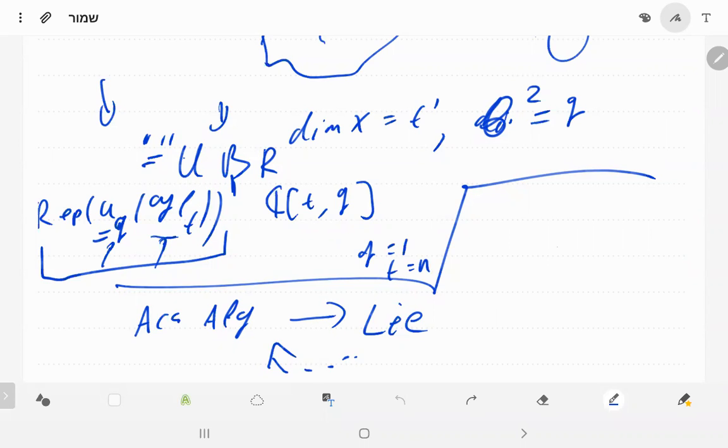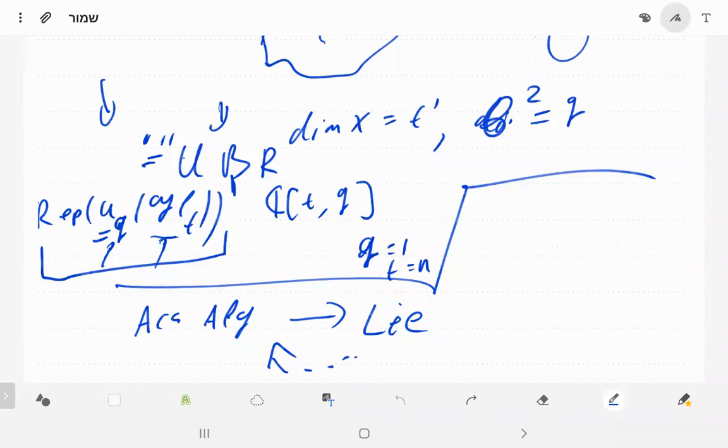And the truth is that it does not work. When you plug in q equal to 1 and t an integer, you get a category which is closely related to the category of representations of GL_N, but it is not that category. First of all, it's not an abelian category in any way. It's not even close to being abelian.